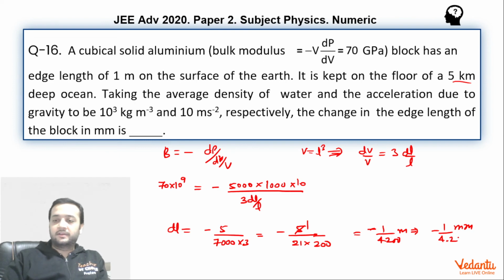So over here, if you find the value of 1 upon 4.2, you're going to get somewhere between 0.23 and 0.24, because 100 upon 42 you can solve by division. So IIT had given the answer between 0.23 and 0.24. The exact answer I think comes out to be 0.238, right?